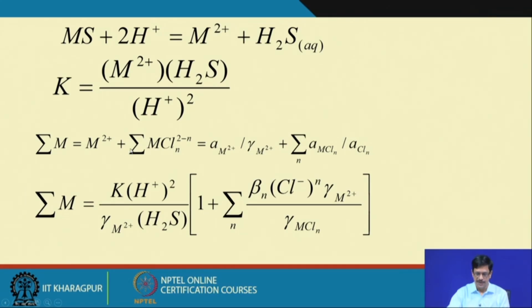So, as we stated before, if we consider the metal to be transported only as metallic 2 plus ion, because of the very low equilibrium constant of these kind of reactions, but in actual what is happening is that this metal like M, with availability of the ligand which is chloride, is able to form complexes, and the total solubility of the metal is contributed by formation of the complexes of the metal.